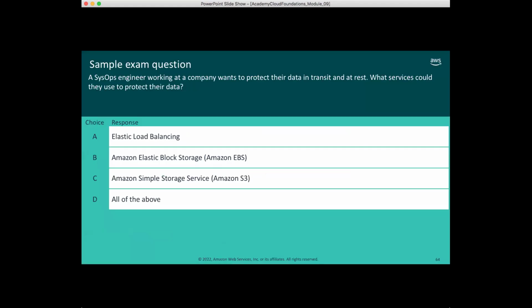Don't forget to do your knowledge check, sample exam question. A SysOps engineer working at a company wants to protect their data in transit and at rest. What services could they use to protect their data? Right? Now, what will be the answer? You have four choices: Elastic Load Balancing, Amazon EBS, that is Elastic Block Store, Amazon S3, that is Simple Storage Service, or all of the above.